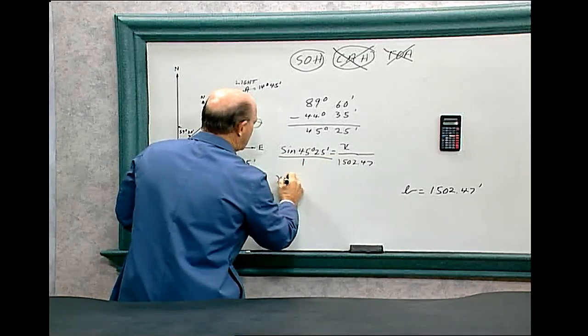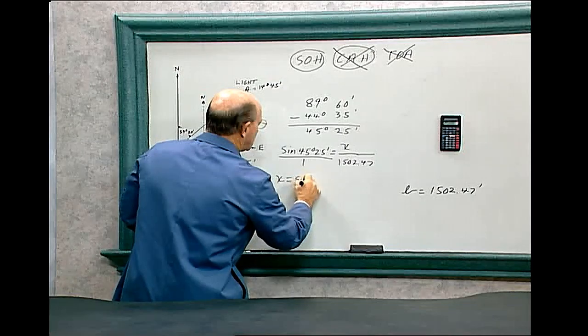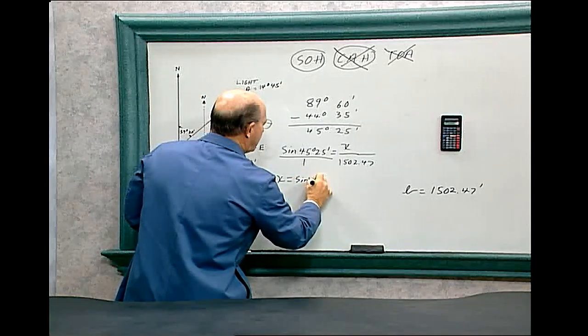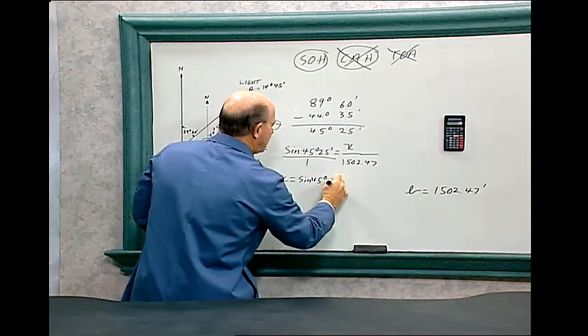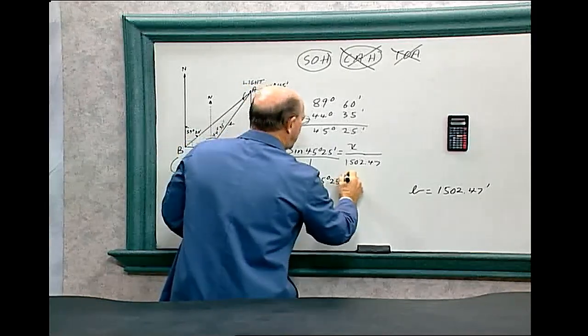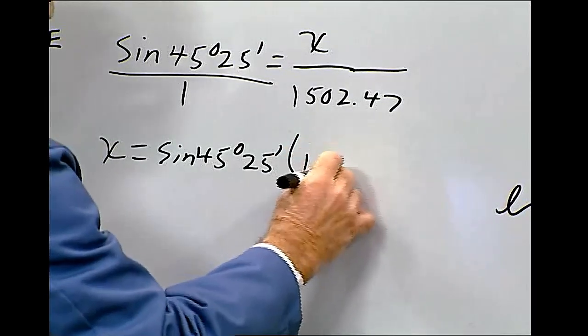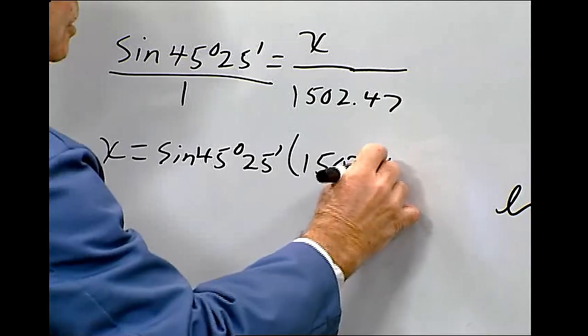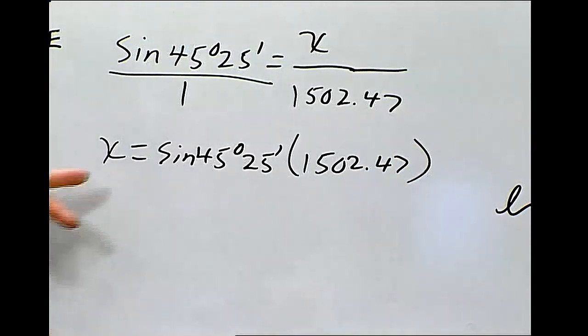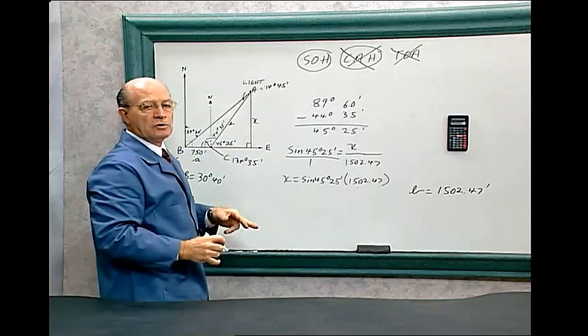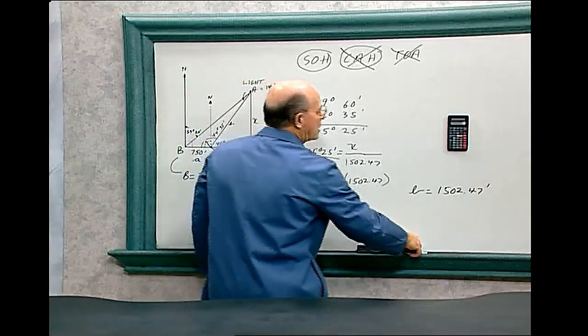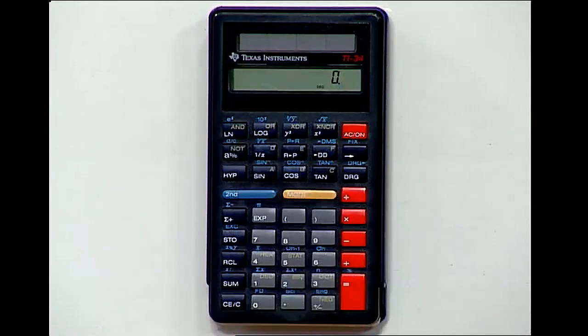Now we want to isolate the x. So x equals sine 45 degrees 25 minutes multiplied by 1502.47, and that will give us this unknown side. Let's go to the calculator. Let's clear it.